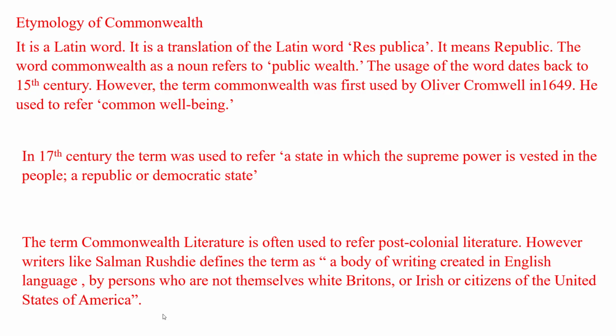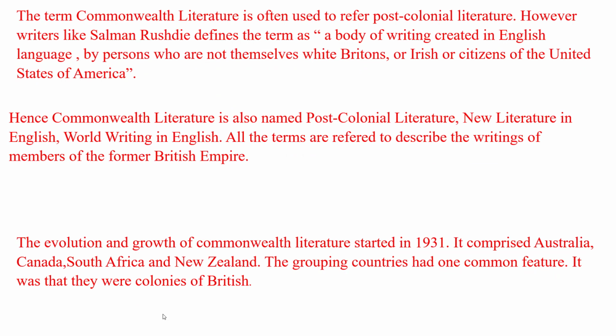This is what Salman Rushdie defines. He never accepts the term Commonwealth literature. Hence, Commonwealth literature is also named post-colonial literature, new literature in English, world writing in English. All the terms are used to describe the writings of the members of the former British Empire.